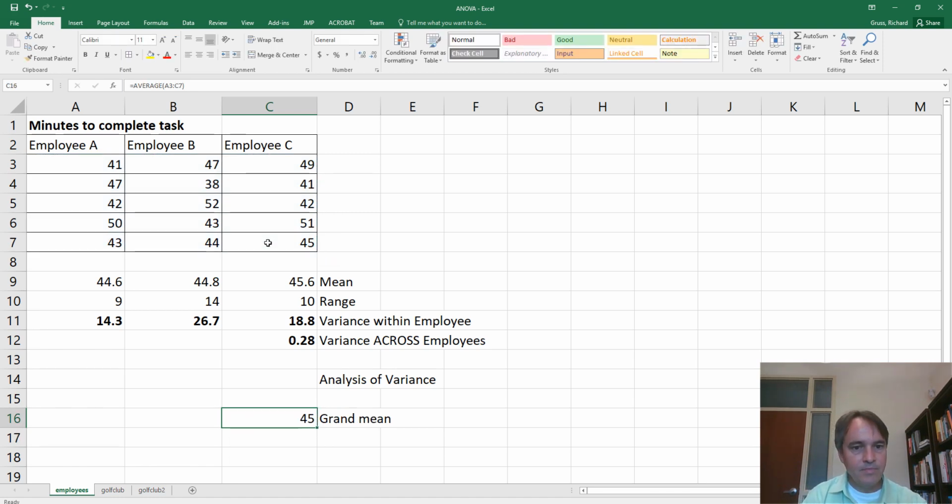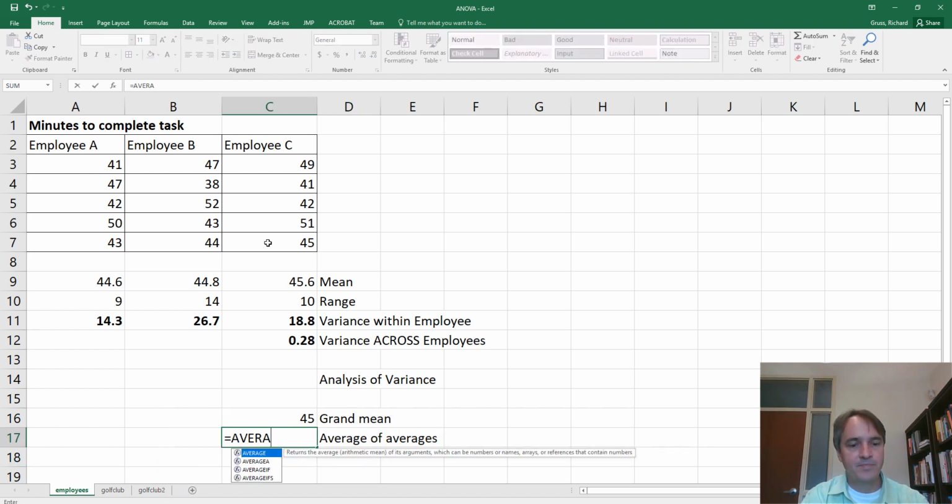We see that employee C is slightly above that, and these two are slightly below that. So the grand mean is the average of averages for each group.